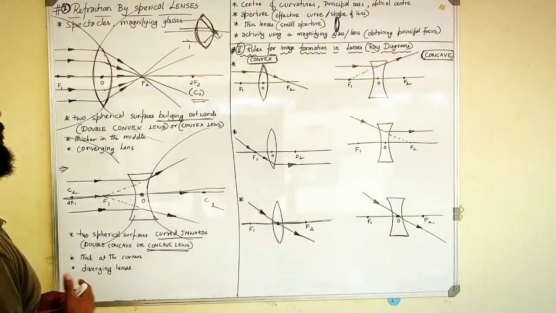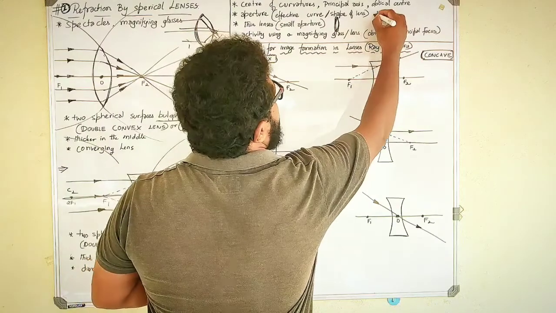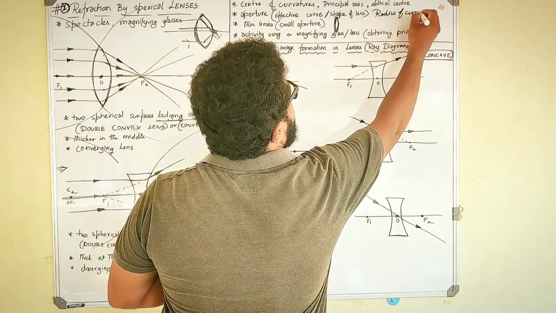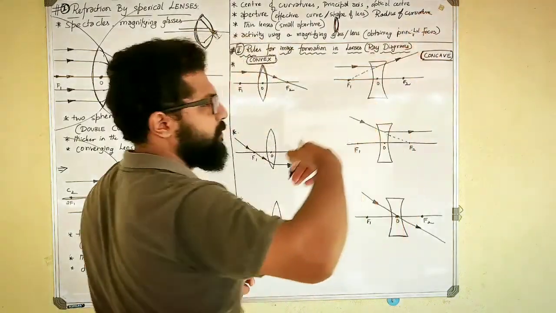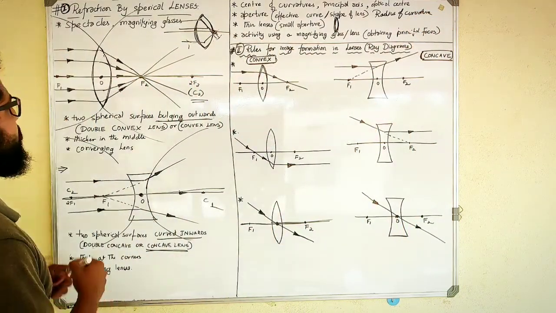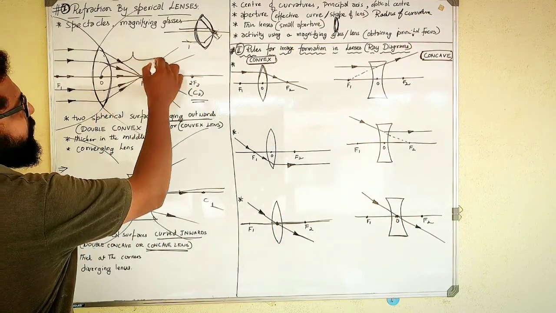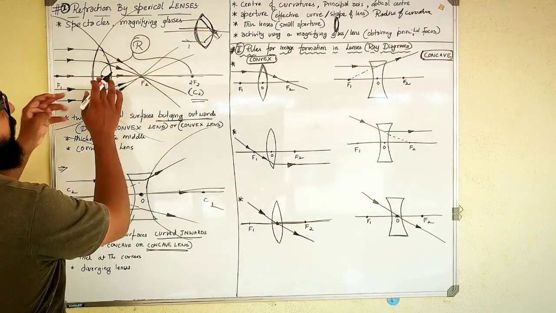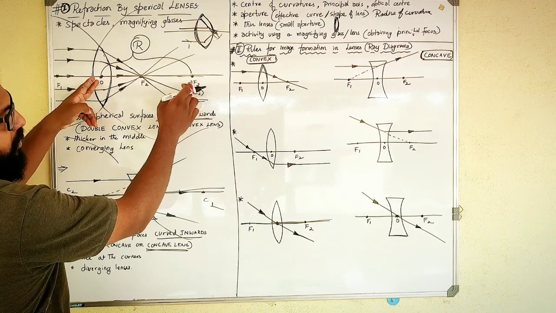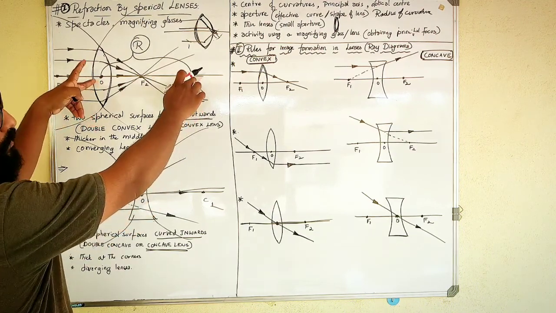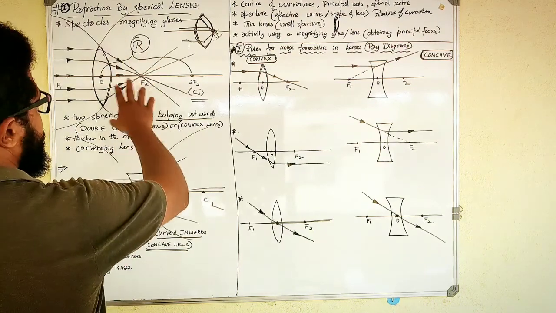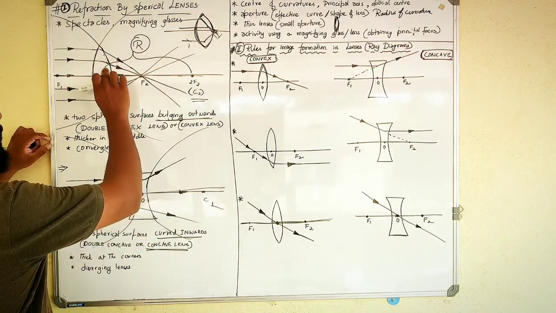One more thing I forgot to mention over here is something, radius of curvature. It is already something which you have learnt in the mirror. The distance between the center of the lens to the center of the curvature is nothing but radius of curvature. Okay, distance between the optic center to the center of curvature is nothing but radius of curvature. Sorry, this is radius of curvature, but it is not optic center.